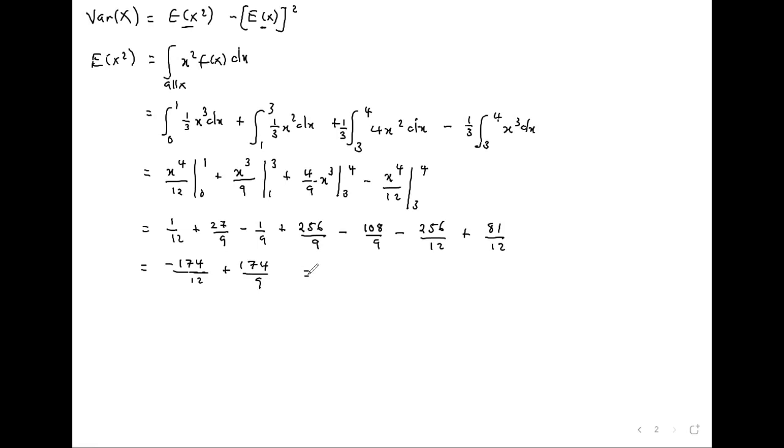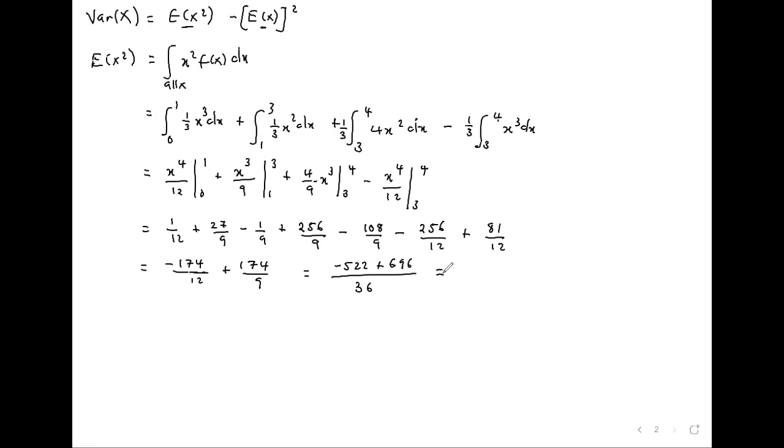And these guys can all go in 36. 12 goes 3 times, so 174 by 3, you get negative 522, plus 9 goes 4 times, 4 by 174, you get 696.